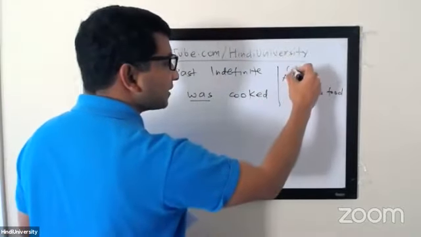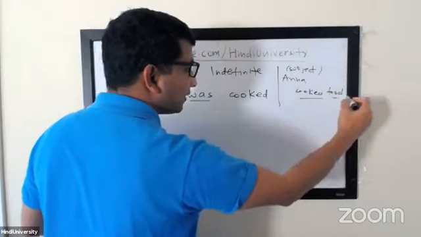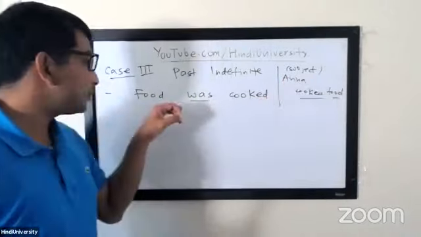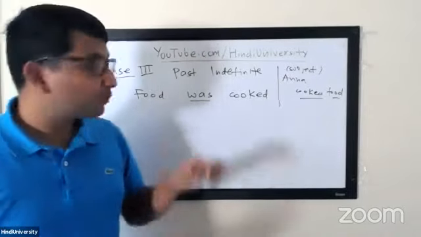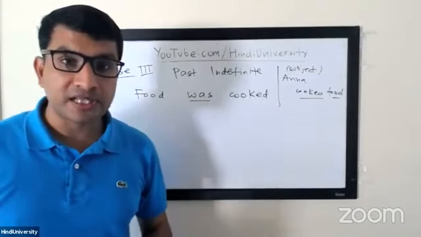You know the subject, the action she performed, which is cooked, and then food. Here we know the subject. In this case, we don't know who cooked it. We're just saying it because we are more interested in food. Food was cooked.